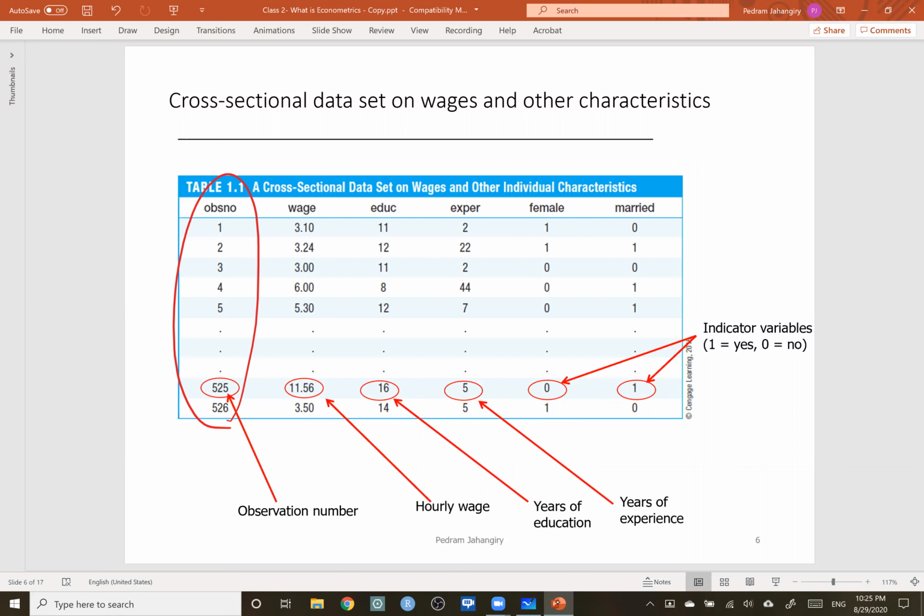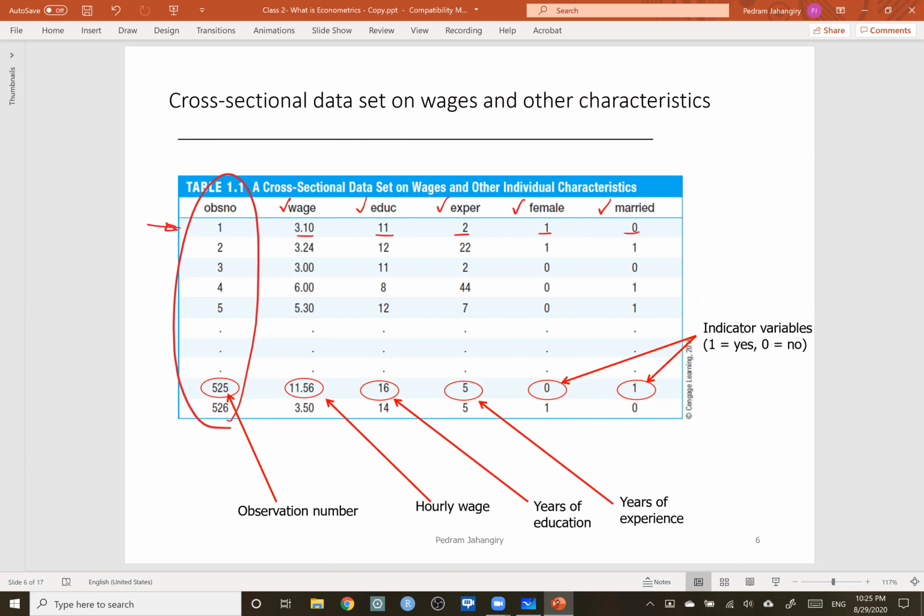We are collecting wage, education, experience, gender, and marital status, right? Look at that, and it's all done in 1 year. So this is cross-sectional data because we are collecting information on one or many variables, but at one specific time, right? For each person, we are collecting this information: wage, education, experience, gender, and marital status.